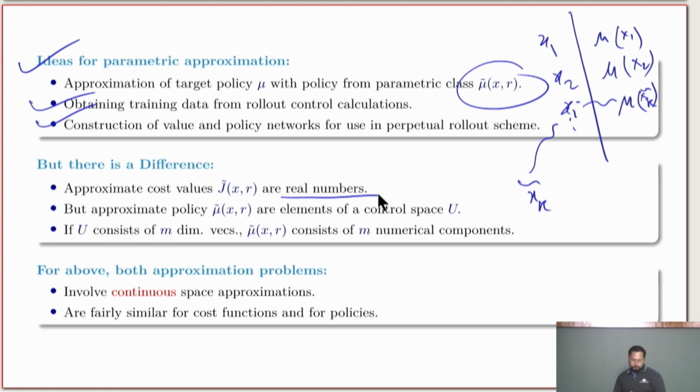And policies, of course, a policy can also be continuous. For example, a robot moving along a certain path, or a self-driving car.